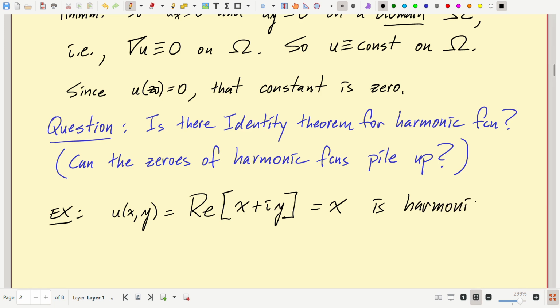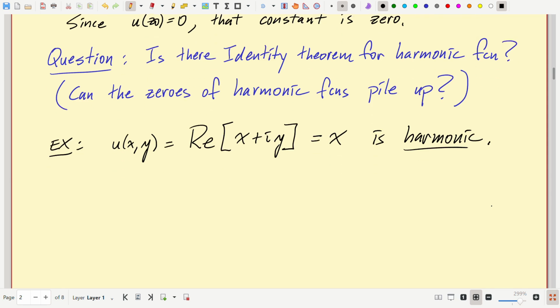And you can just check the Laplacian. But its zero set is the imaginary axis.